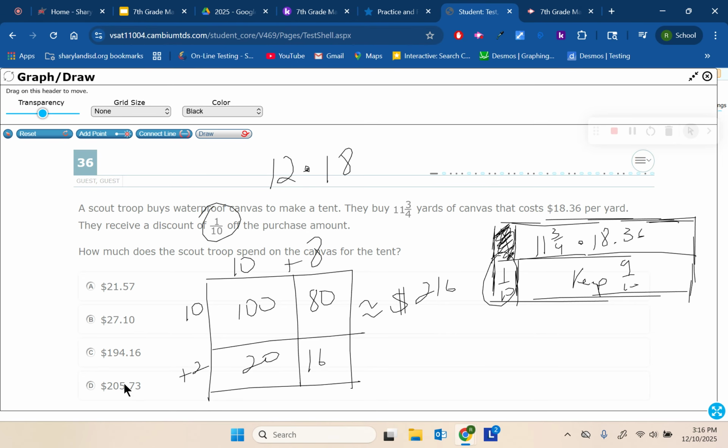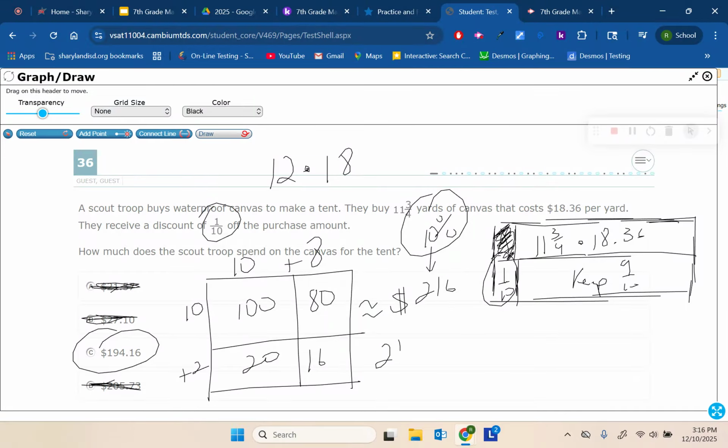So I know already that my answer is C, because when I apply that 10th off, I'll probably end up in the 190s. Okay, so the way I look at this, what is 10% of 216? That's really what I'm looking for, because the 1/10 is, isn't it?